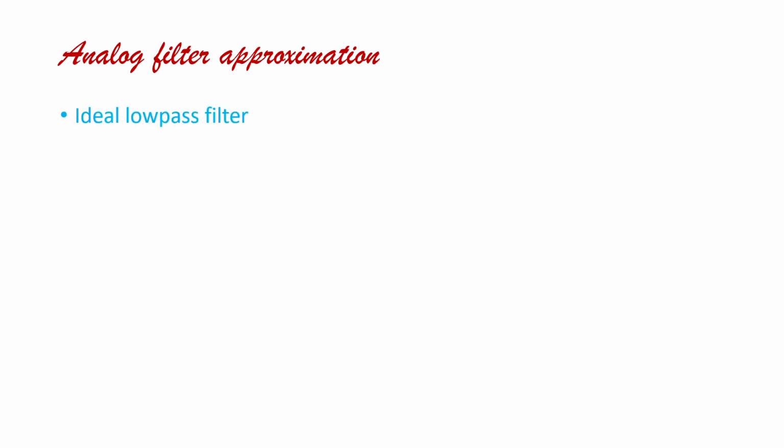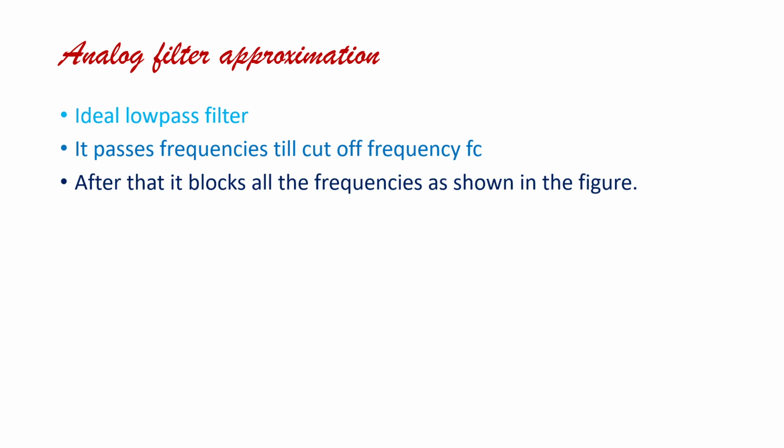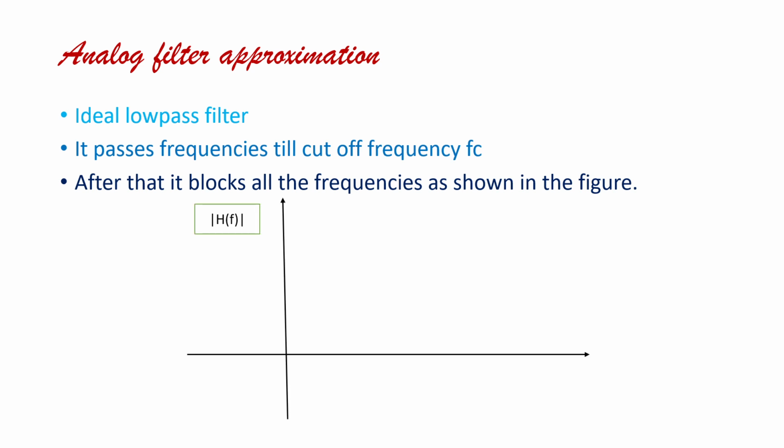It is an ideal low-pass filter. It passes the frequency till cutoff frequency Fc. After that, it blocks all the frequency as shown in the figure. Now, in this figure, the y-axis is represented by |H(f)| and the x-axis is represented by F. And this is Fc, which indicates the cutoff frequency.